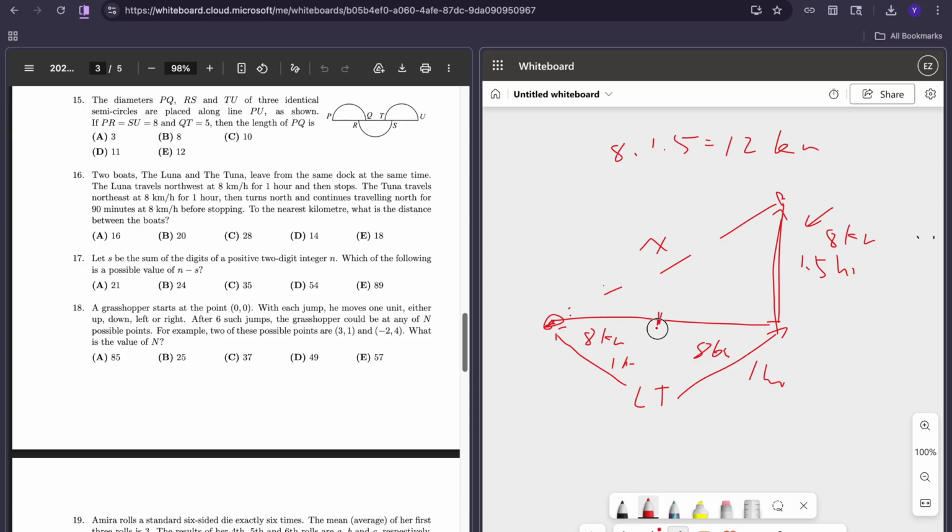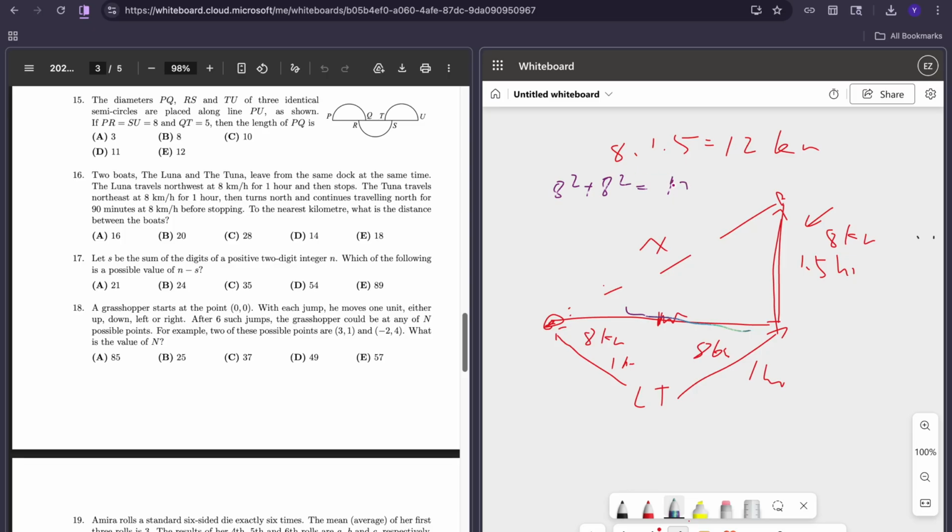And for this one, it has two sides of 8 and 8. So we apply the Pythagorean theorem, a squared plus a squared equals 64 times 2, so 128.